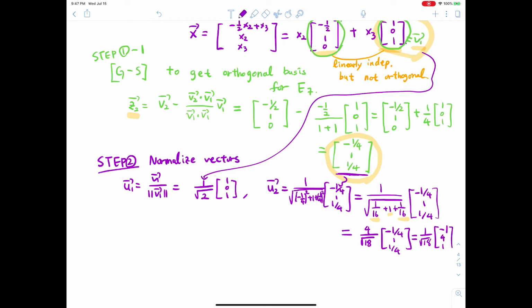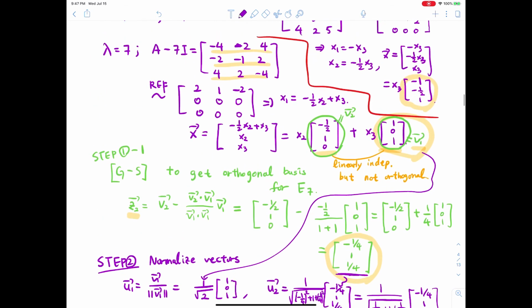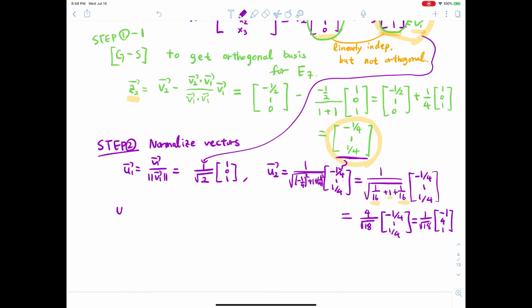And lastly, if you bring the vector above, this one, then we get u3. We had negative 1/2, 1, and 1, and its magnitude is the square root of 1 plus 1/4 plus 1, which is 1 over the square root of 9/4, times negative 1/2, 1, and 1.